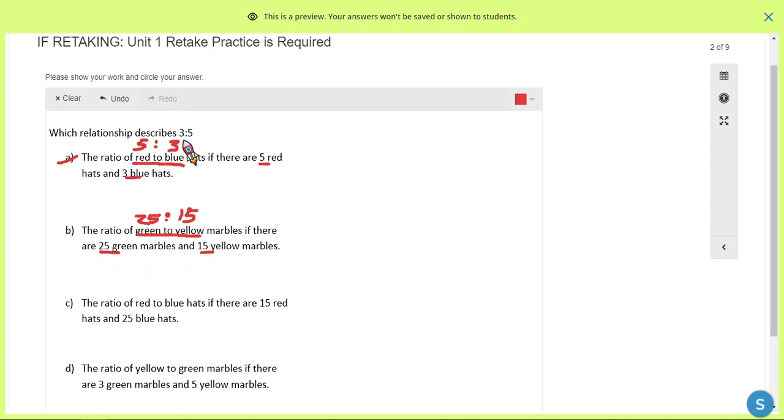Now that doesn't match right now, but if I rewrite that problem as a fraction, I can see that I can simplify it. So I'm going to divide by 5. 25 divided by 5 would be 5. 15 divided by 5 would be 3. So my answer is 5/3, which still doesn't match 3/5, so it can't be B.